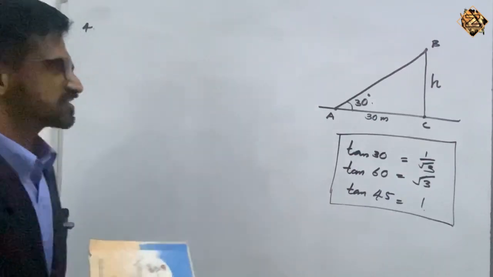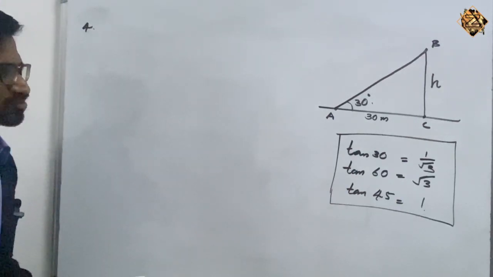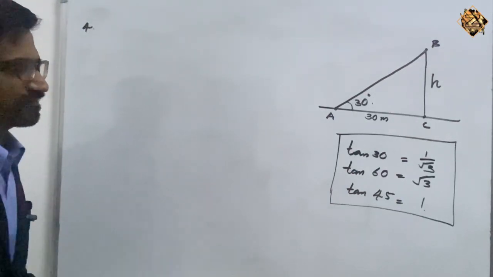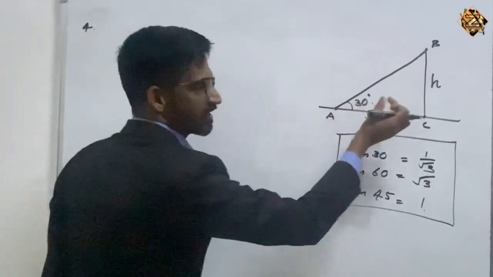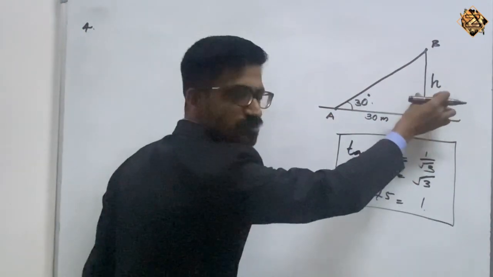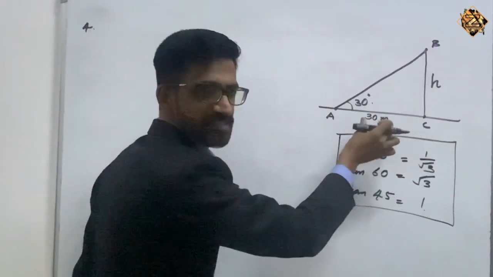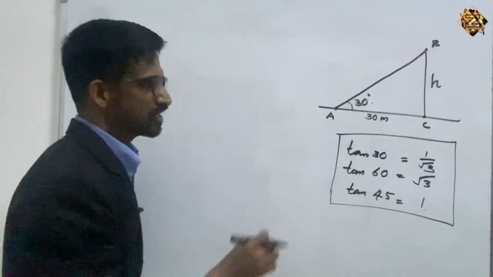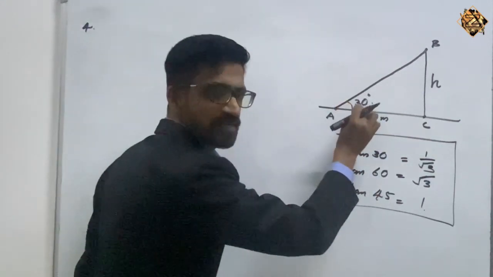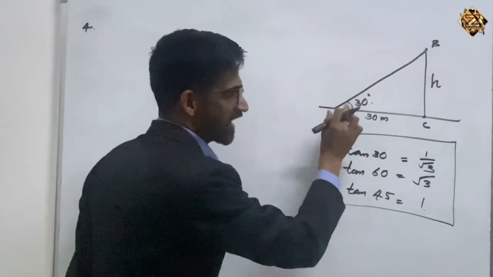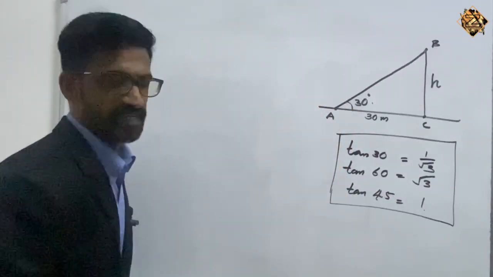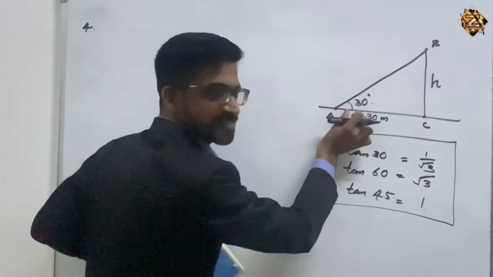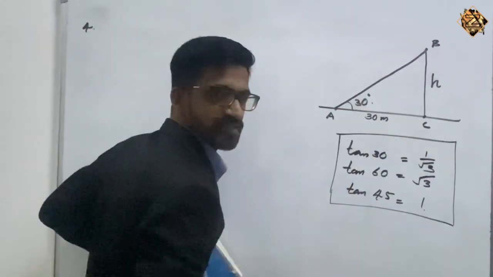So we'll just start with the answer of this question. We know that here we need to find the height, that is the opposite side, and the adjacent side is given as 30 meters, isn't it? So we know that we will have to apply tan theta here. Tan trigonometric ratio we will take. We know tan theta is opposite by adjacent, isn't it?